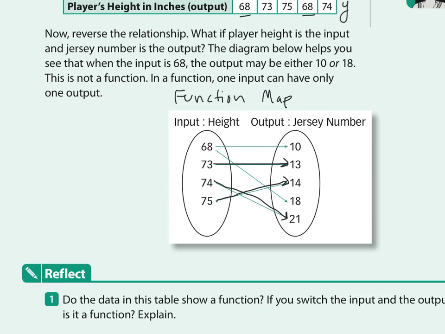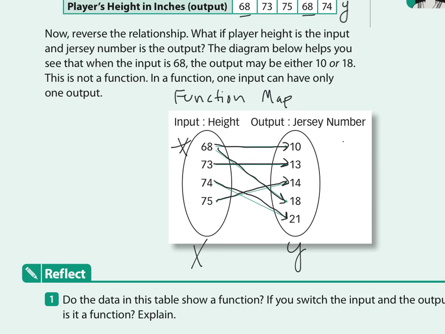You get a 21. And so far we're thinking this looks like a function, but on maps it's really easy to see. Again, remember, these are all of your X values, and these are all of your Y values. Maps are really nice and really easy to see if we have a function or if we don't. Because if we do have a function, none of our inputs do what 68 is doing right here, where we have one input and it has two different lines going to two different numbers.